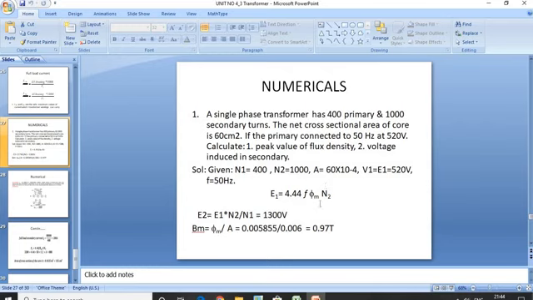And the value of phi max we are getting is 0.005855, divided by the area of cross section. So the value of flux density is 0.97 Tesla. Now for finding voltage induced in the secondary, we have to use the relation E2 by E1 is equal to N2 by N1. So E2 is equal to E1 into N2 divided by N1. So answer is 1300 volt.